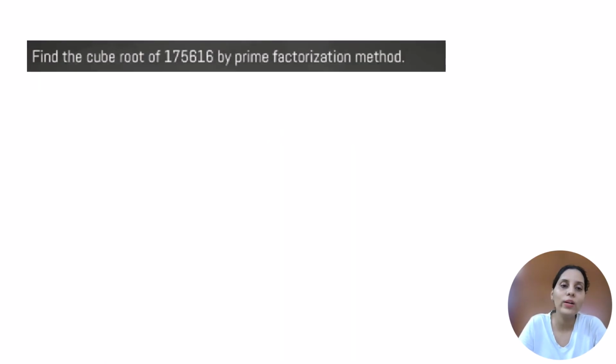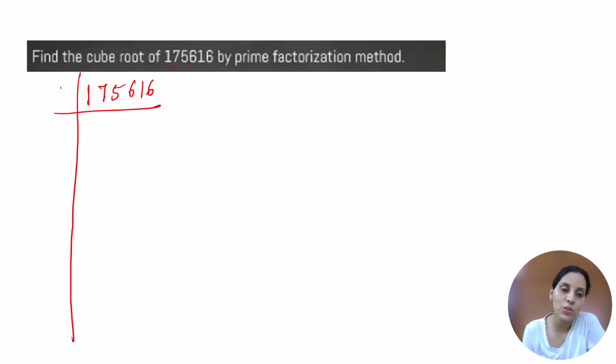Next, moving on. Find the cube root of 1,75,616 by prime factorization. So we were just doing prime factorization. Let us do this as well. Now this first comes in 2 table. 2 8s are 16, 2 7s are 14, 2 8s are 16, and again 2 8s are 16.